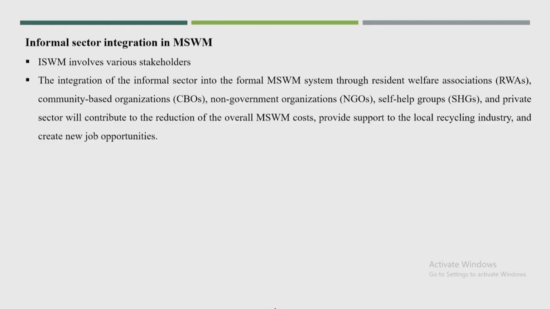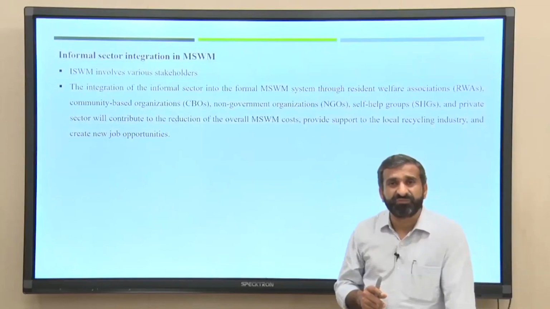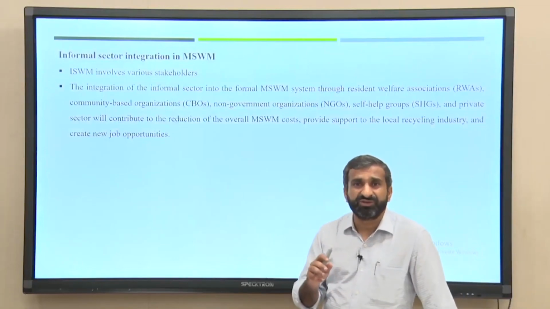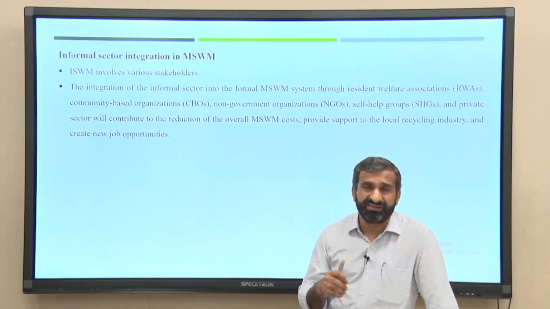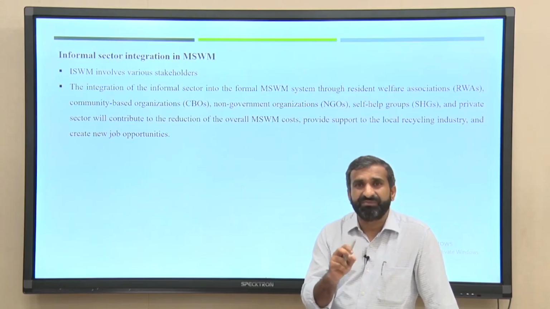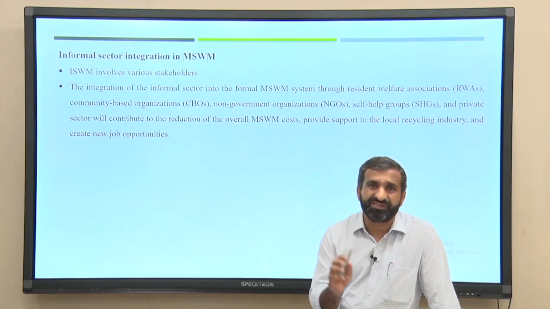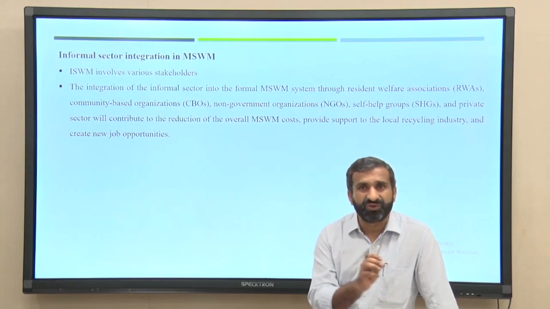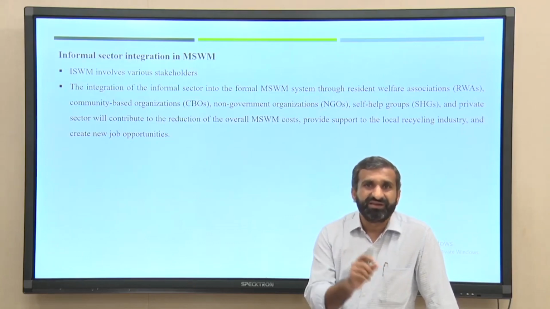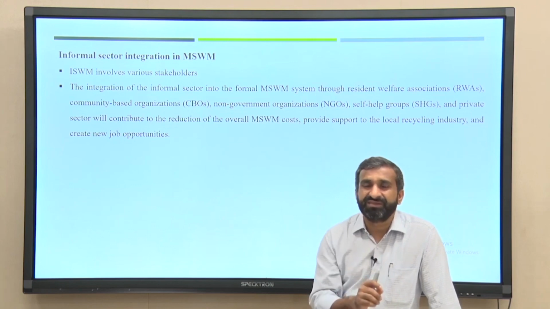Now, in 2006, when these PPP projects were started under the JNNURM program, this discussion also started. When you say PPP projects, it means public private partnership. Public means local authorities, local governments, and private means a private company.